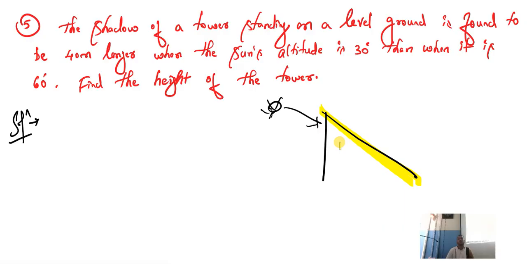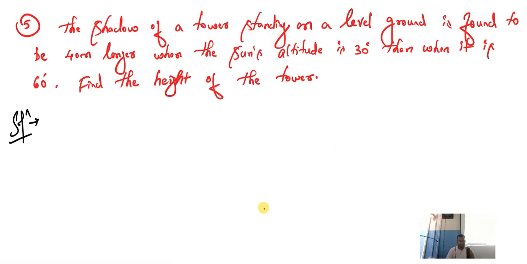Am I right? If sunlight falls here, the building's shadow will fall in front of us only. It's natural. When you are walking on the road, whenever sunlight falls on you, your shadow falls in front of you.